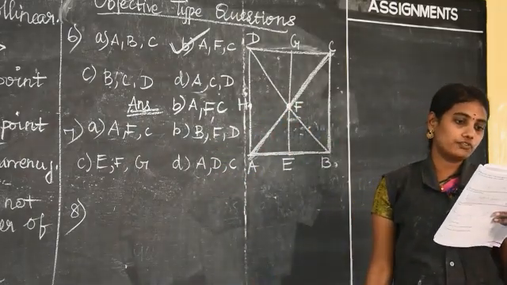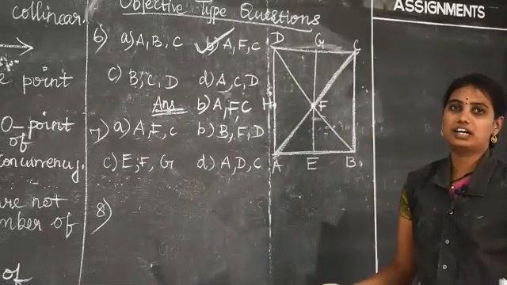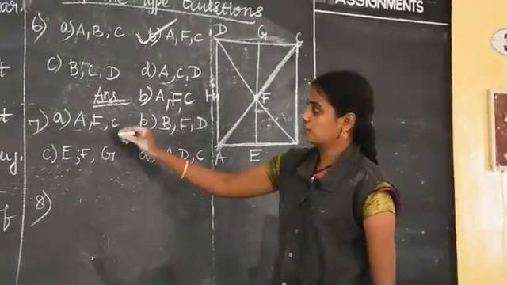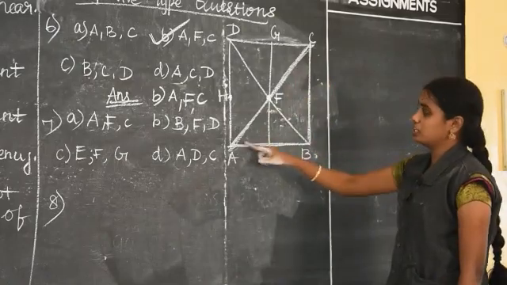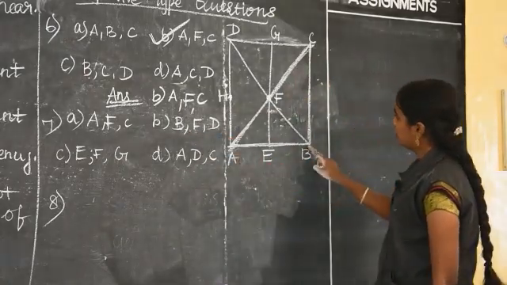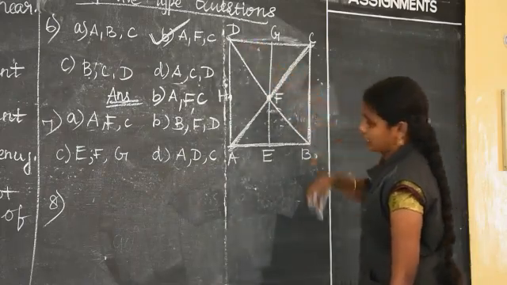Next, a set of non-collinear points. Non-collinear means it may not lie on a line. So now the first one, A, F, C is collinear. They are asking not collinear. B, F, D. This is also collinear because it is on a line.